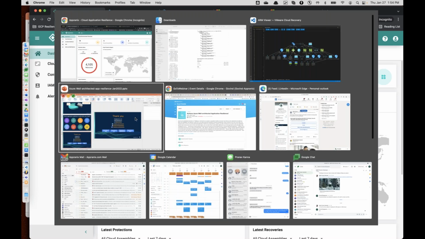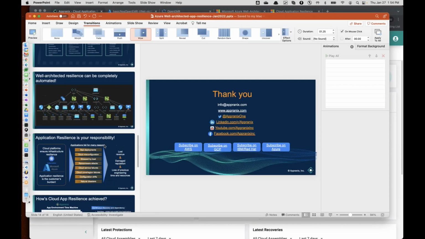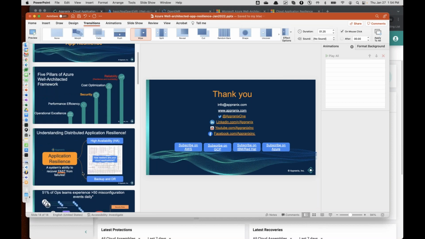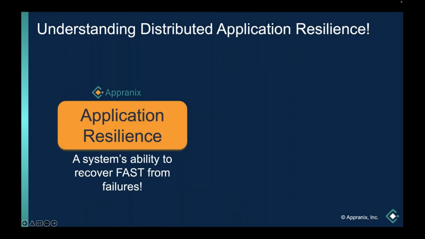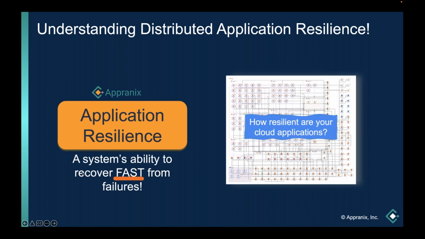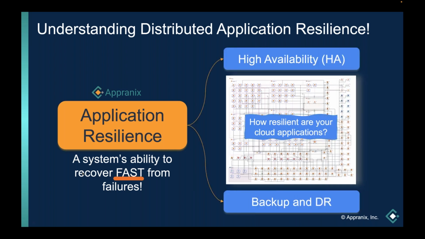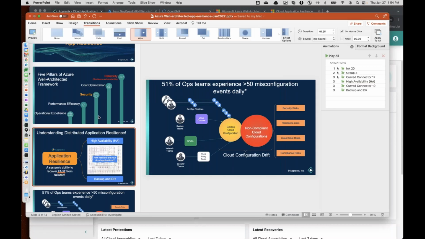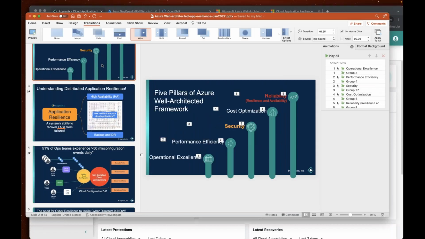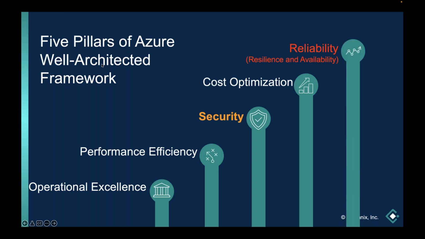But keep in mind, right, resilience is not possible without recovering your systems really, really fast from any type of failure. That automatically gives you the capability to create a well-architected system for reliability. Okay, any questions? You can type in or you can ask, feel free to do so.